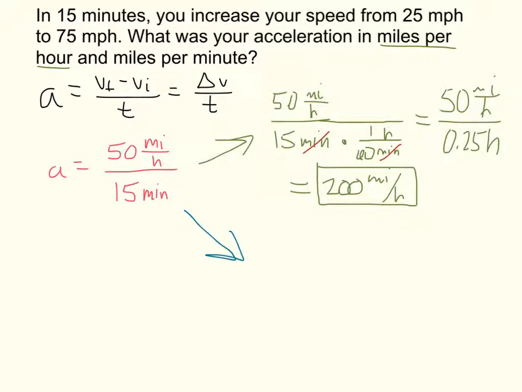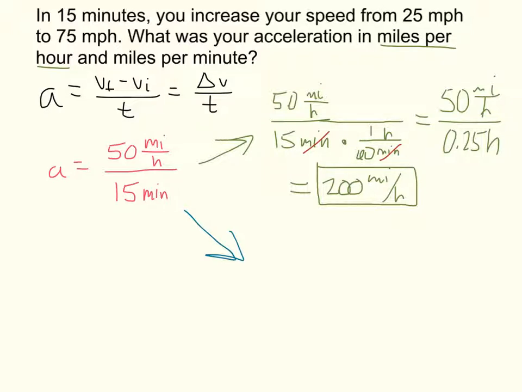In a situation in which you are constantly increasing your speed at that same rate for 4 times this amount, or the opposite of this, the inverse of 0.25, so 4 times this amount, eventually your change in speed is going to be 200, but I actually made a mistake here.